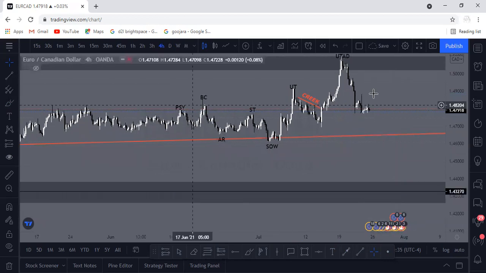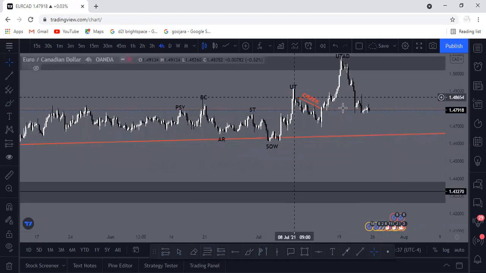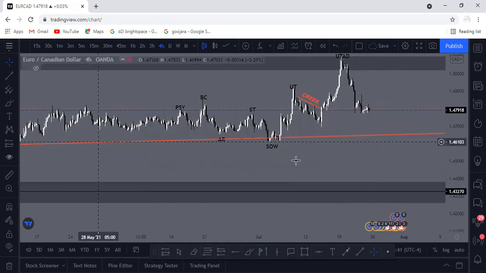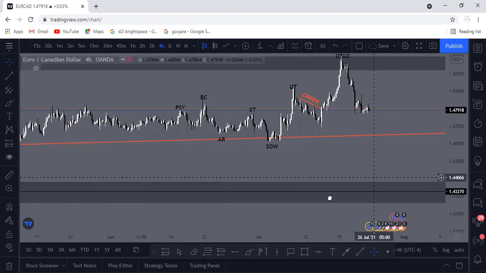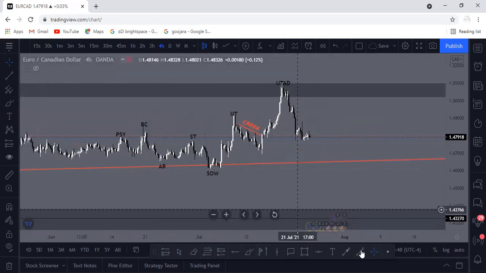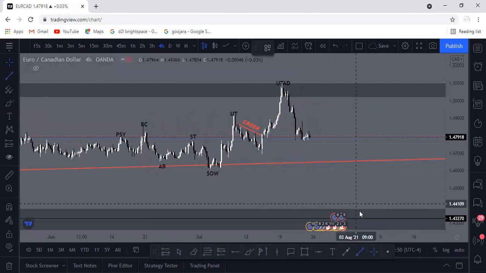I said to you that the price has to distribute in order to come down here, meaning it has to take out the liquidity here and also tap into this order block, or mitigate this order block, before we see the big shoot to the upside. So the price has to come back down here, and after that we need to see the long push to the upside.